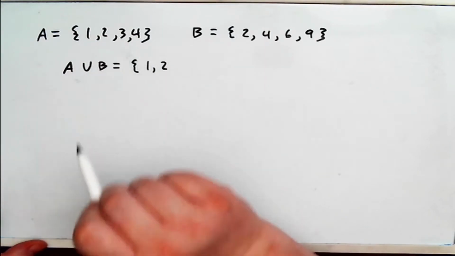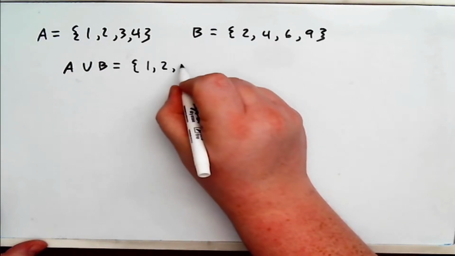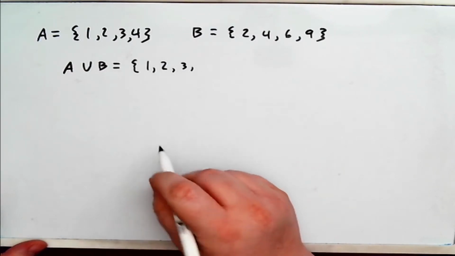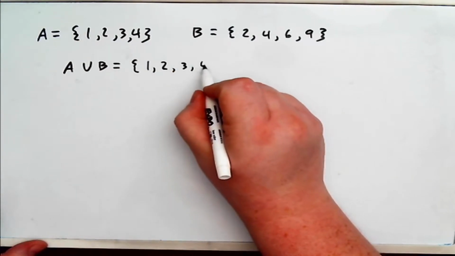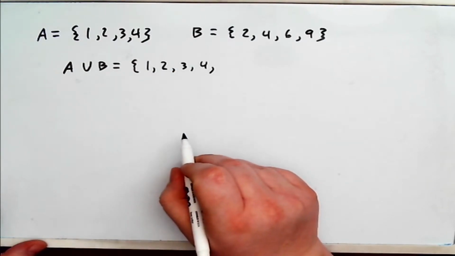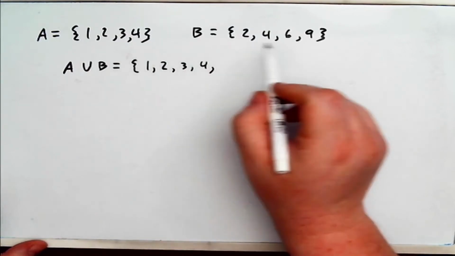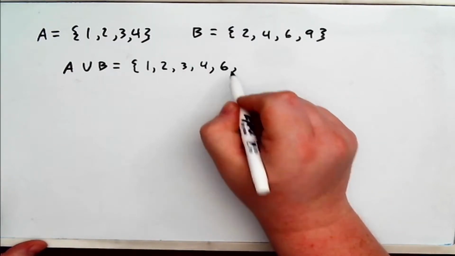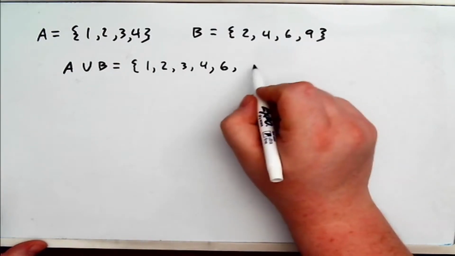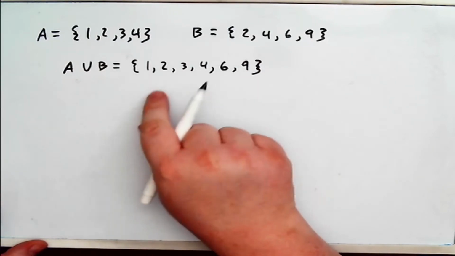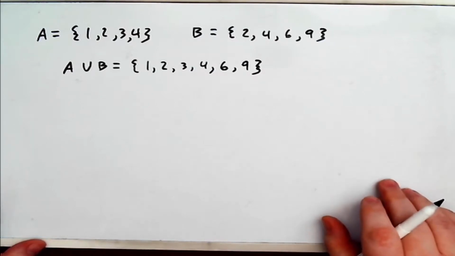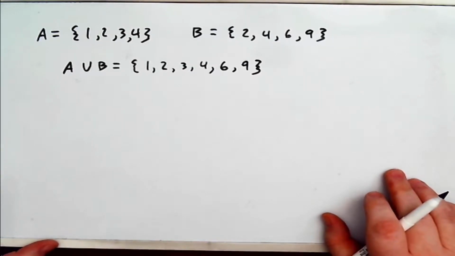We need to have 3, because that's at least in A there. We need 4, it's in both sets, but we just need one of the 4s brought down. We need 6, even though it's not in A, 6 is in B, so we do need that in there. And lastly, we need 9, because 9 is in B. So A union B is this set 1, 2, 3, 4, 6, 9.